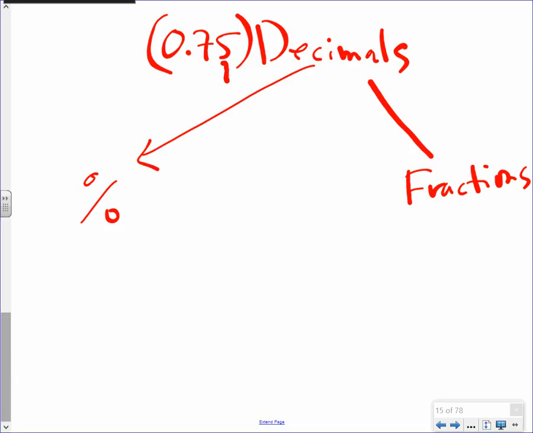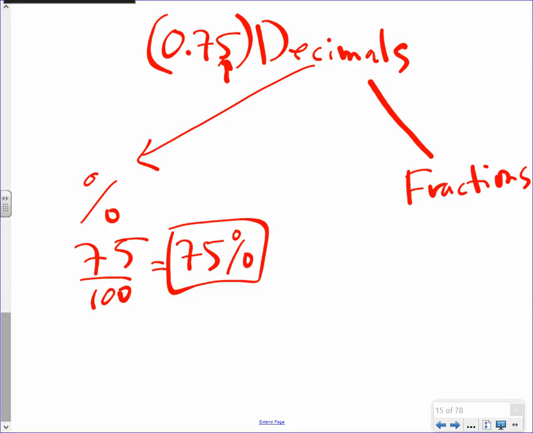Look at the hundredths place, because that's what percent means. Percent means out of 100. So this is really 75 out of 100, which means literally 75%. Done. Just look for whatever number's in the hundredths place, and that's your percent.